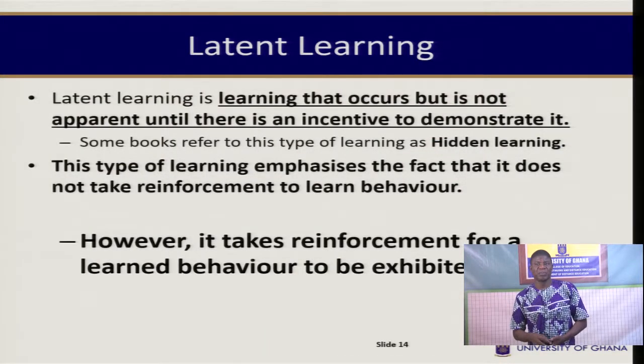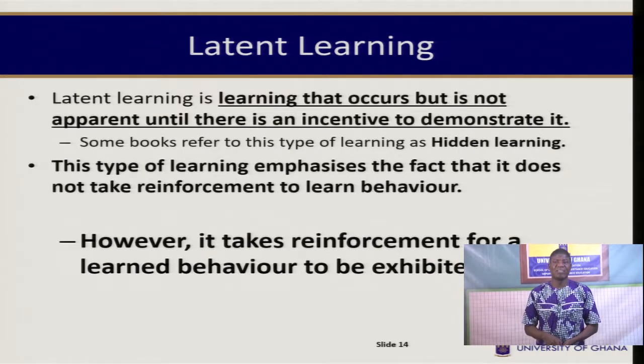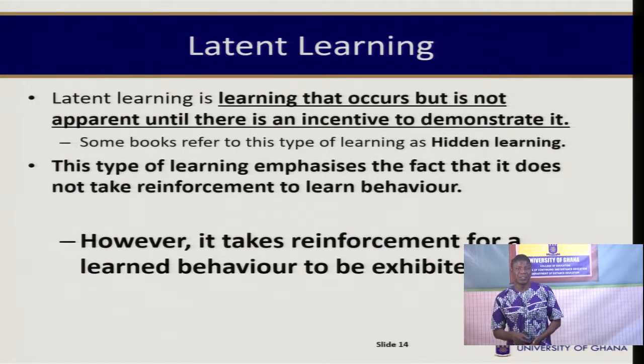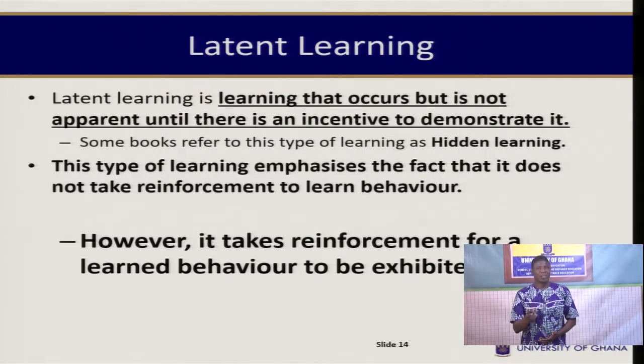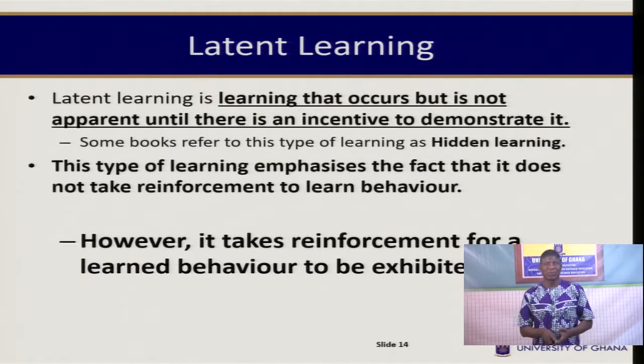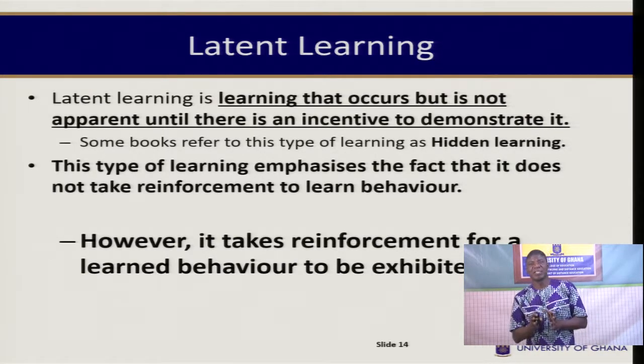All right, so latent learning. Latent learning can also be looked at. It shows that learning occurs, but is not apparent until there is an incentive to demonstrate it. Some books and scholars refer to this type of learning as hidden learning.